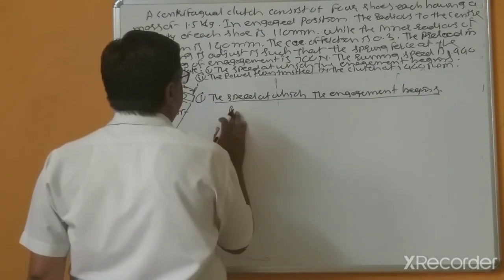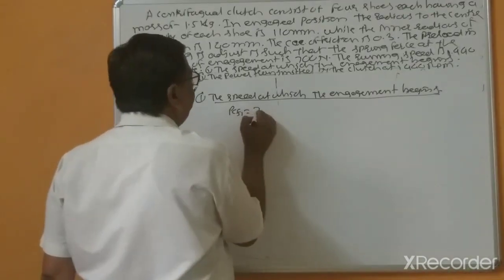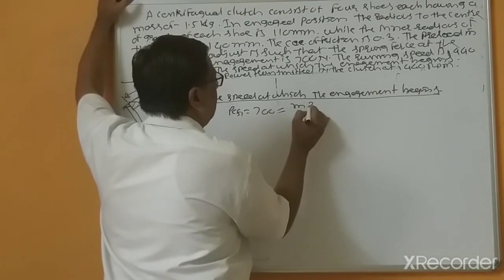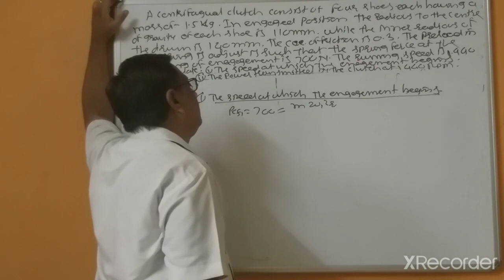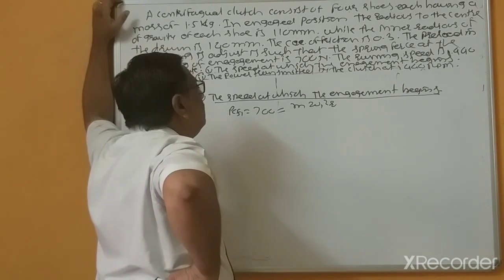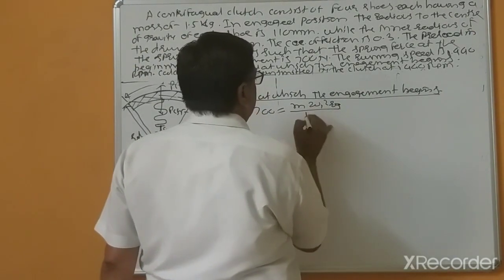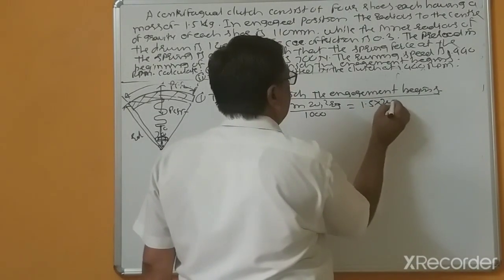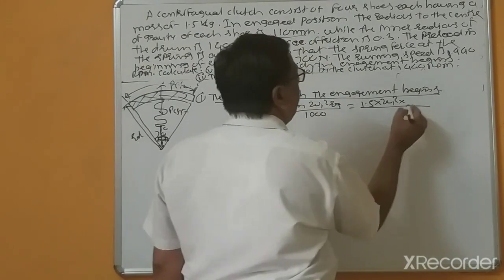So this is PCF1 equal to 700, which is given, and RG equal to 110.